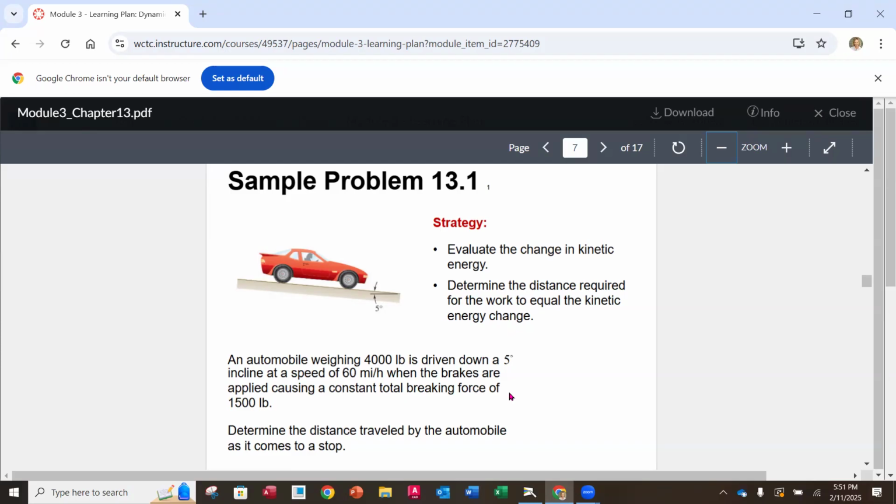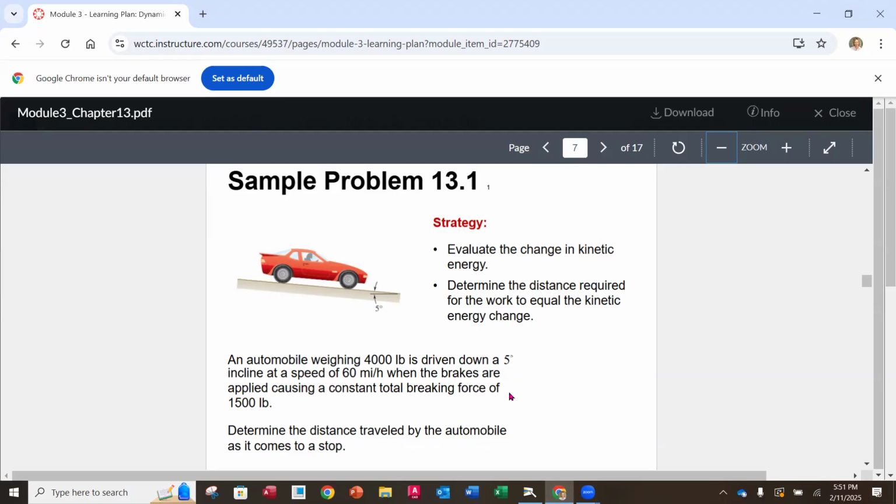Okay, 60 miles per hour. When the brakes are applied, causing a constant total braking force of 1,500 pounds. Determine the distance traveled by the automobile as it comes to a stop. Okay, so how far will it travel to come to a stop with that braking force at that incline?